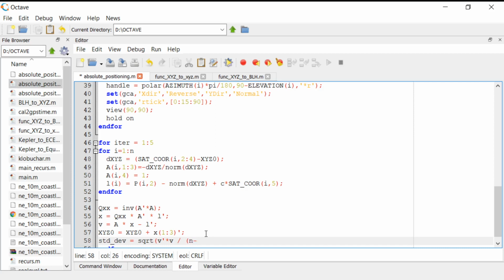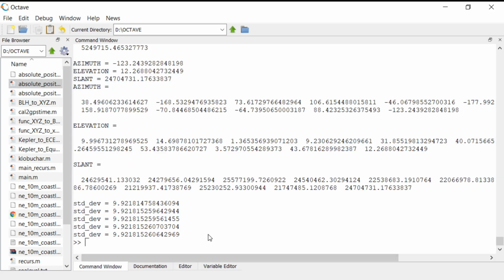In our case, 3 coordinate unknowns and 1 clock unknown, so it will be 4. Then let's have a look at our standard deviation. You see 9.9 meters.